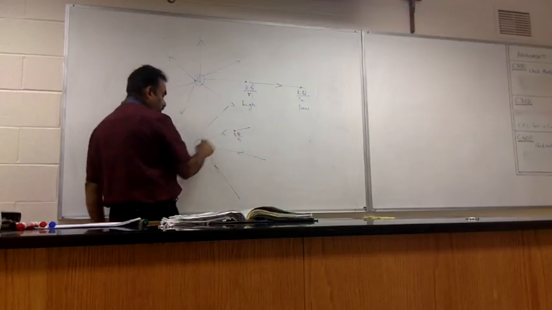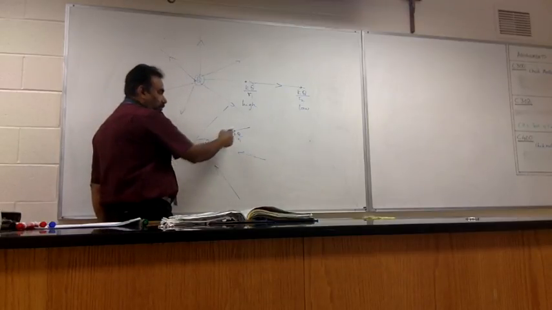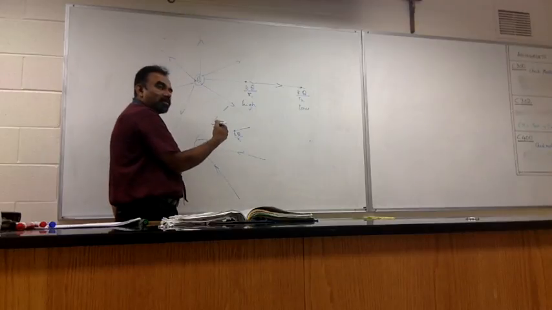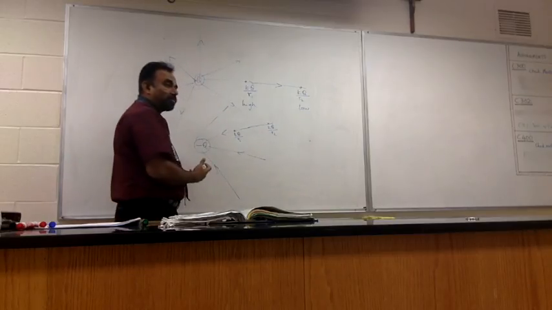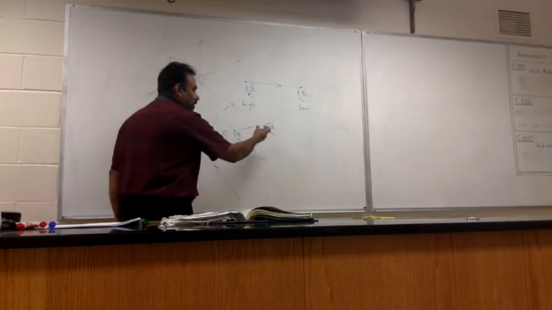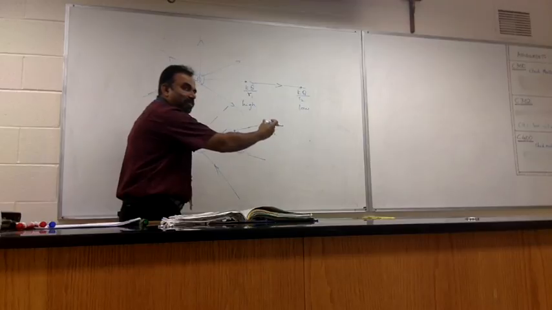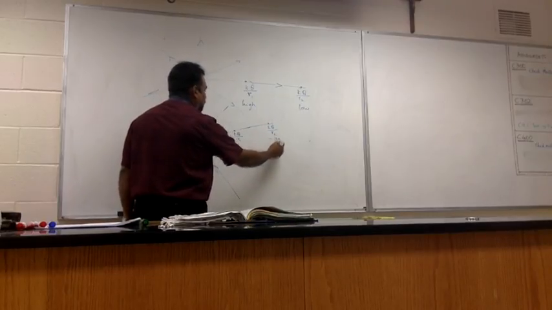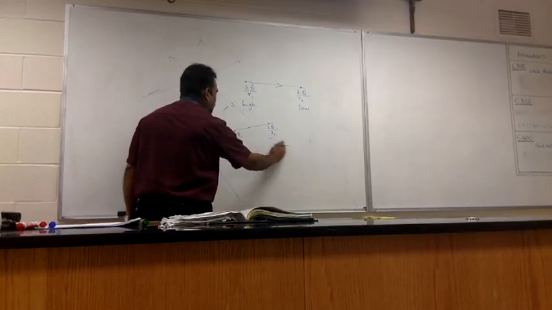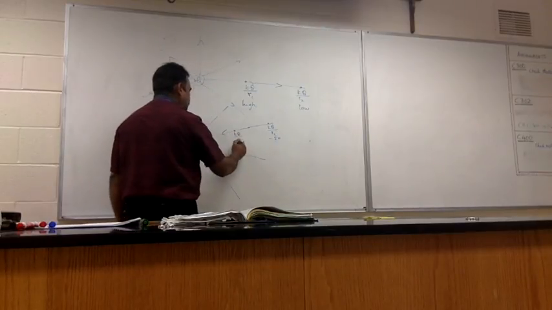Now, remember, this Q is a negative value. So the whole value is going to be negative. And here is going to be KQ over R2. And that's going to be a negative value. So this is going to be a smaller negative value, right? So it's going to be, let's say, negative 50. And this is negative 100.